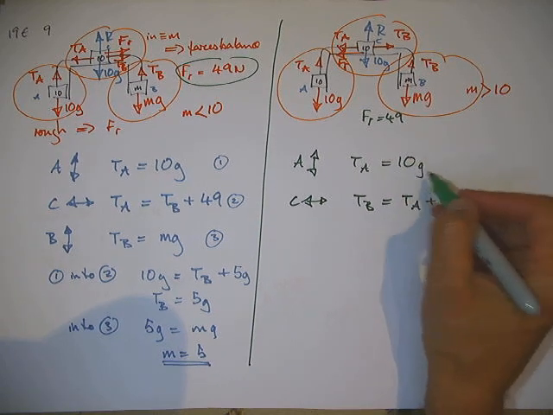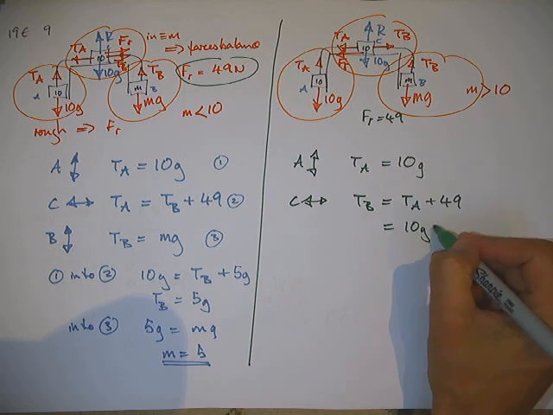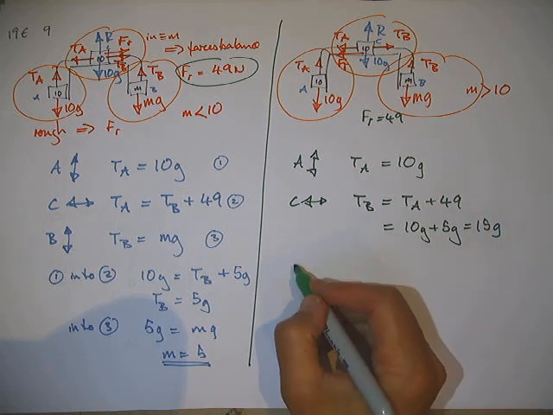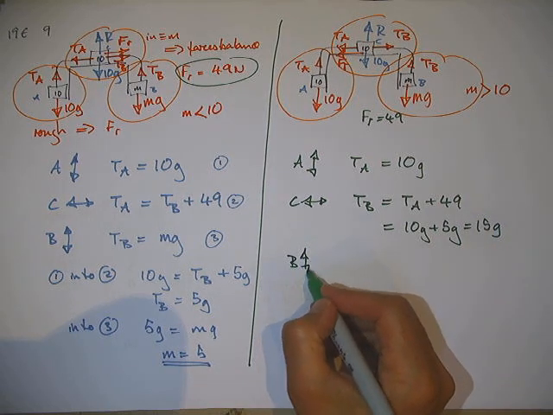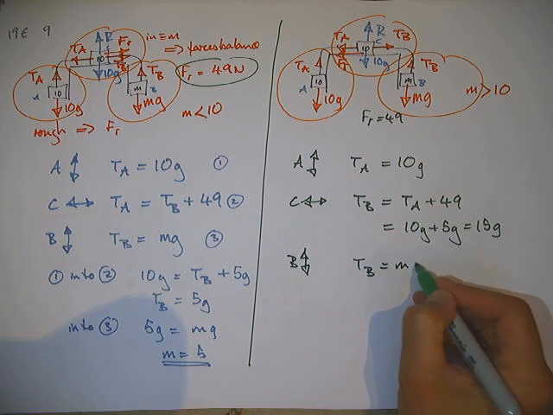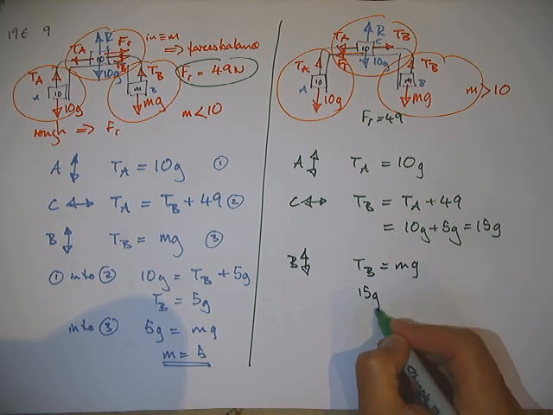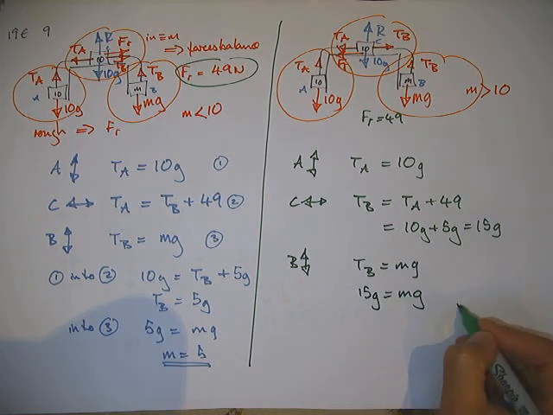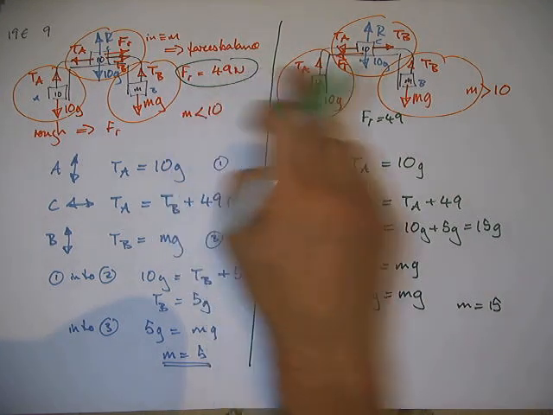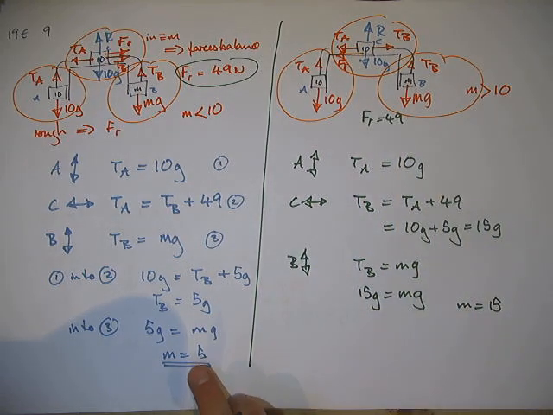Actually, let's put that straight in, shall we? Right. So 10g plus 5g, 15g. For B, TB is mg, TB is 15g, m is 15.